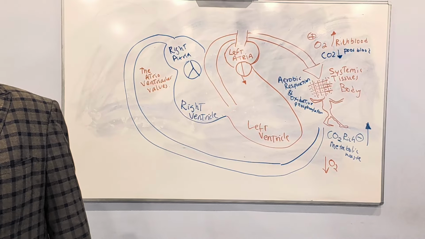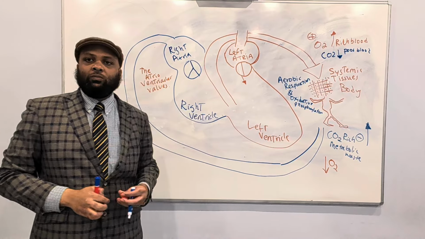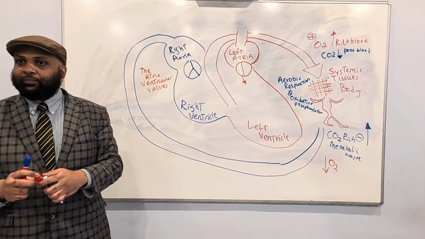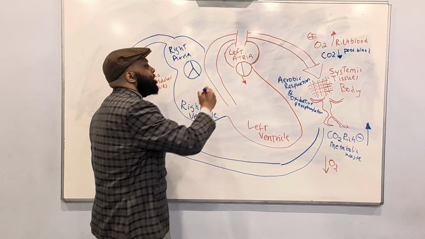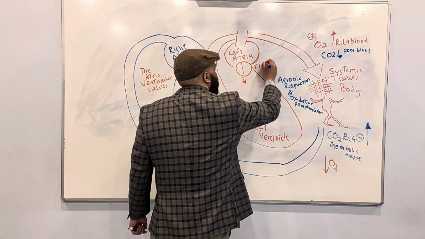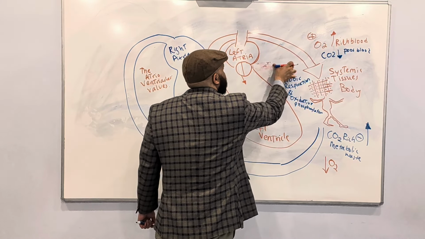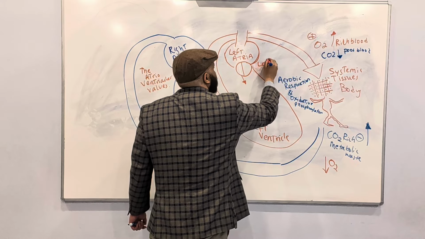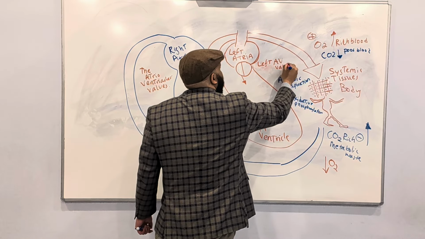But remember, one is red, one is blue, so they're not the same. If you want to refer to this one, you say it's the left atrioventricular valve, because it's on the left side.